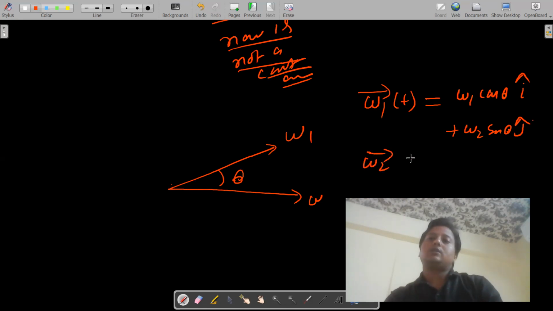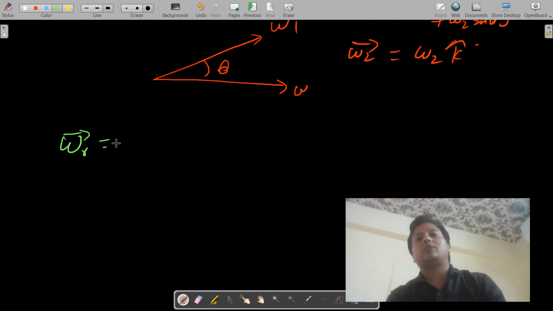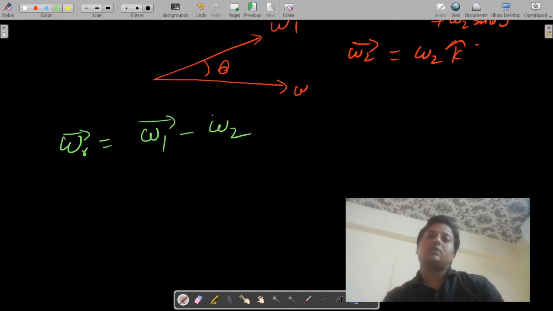So the resultant relative omega will be omega 1 minus omega 2.